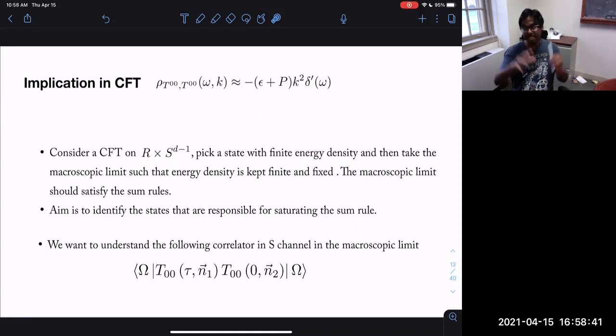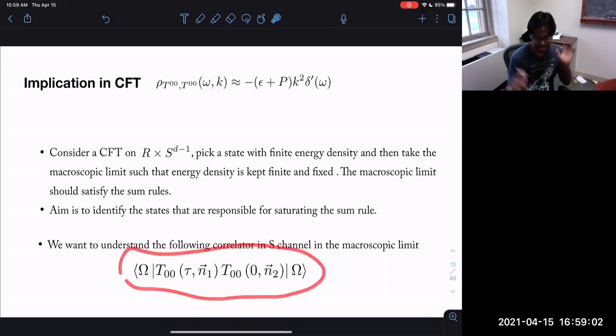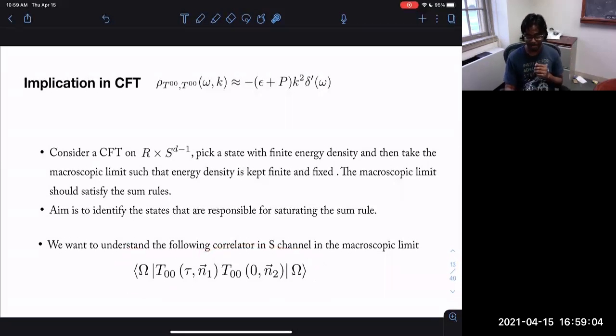The idea is that the infinite volume limit should satisfy the sum rules. The aim is to identify the states that are responsible for saturating the sum rules in the infinite volume limit, and that should translate to something in the finite volume theory. So at the end of the day, long story short, we'll be looking at this correlator where omega is a finite energy density. Is the basic setup clear?